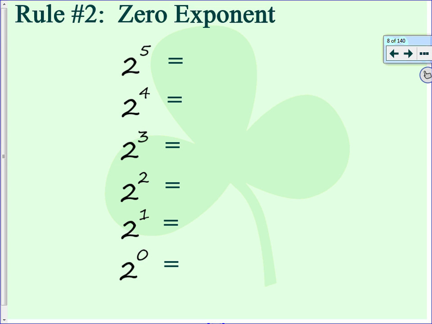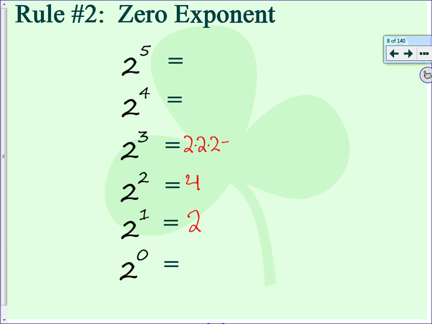Yeah, so 2 to the 0, 2 to the 1st, 2 to the 2nd, 2 to the 3rd. Let's remember it's 2 times 2 times 2.